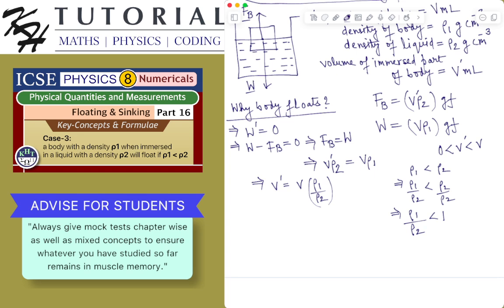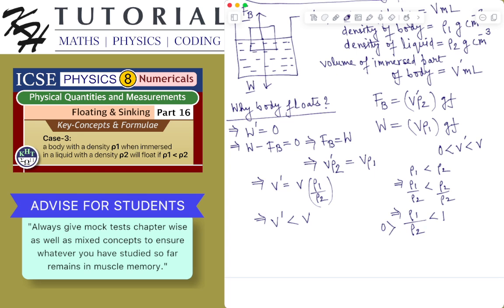So I can say that V dash will always be less than V, since we know that rho 1 by rho 2 is a value which is less than 1, but of course it is greater than 0, because rho 1 and rho 2 both are greater than 0.